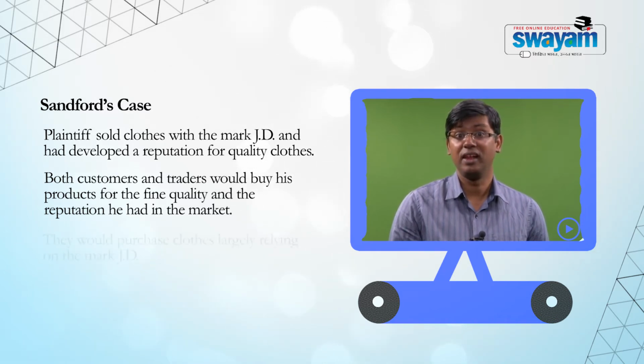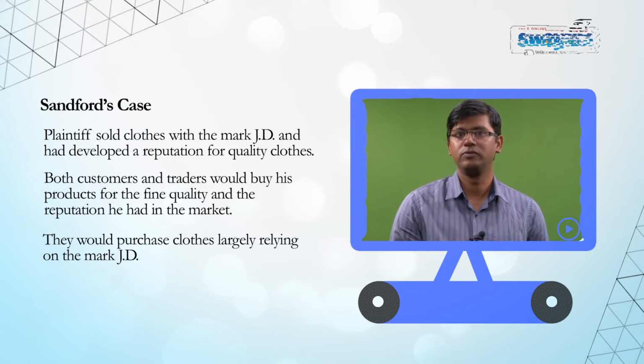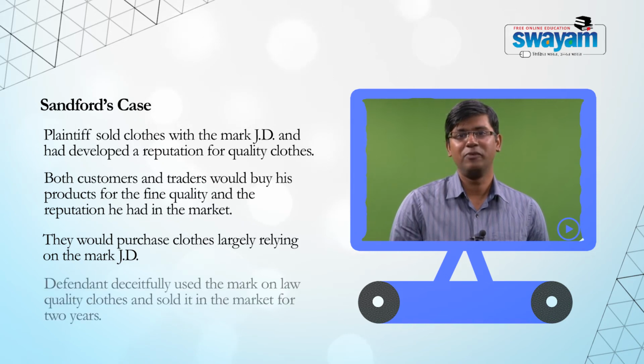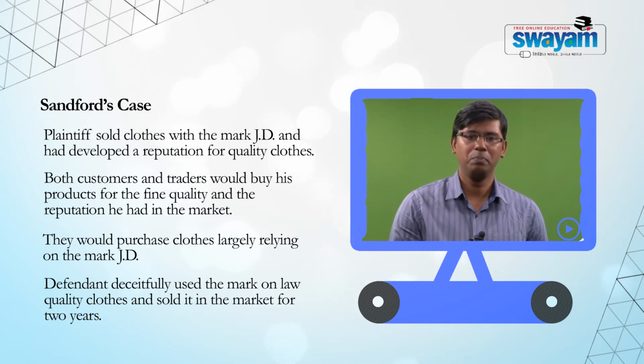Now, this basically meant that they largely relied on the mark JD, which represented a certain kind of quality, which told them that it originated from a particular place or particular manufacturer. Unfortunately for the plaintiff, the defendants deceitfully used the same mark JD on the clothes, but the quality of these clothes was much below, and they used it for a period of 2 years, which resulted in the slump in sales for the plaintiffs.